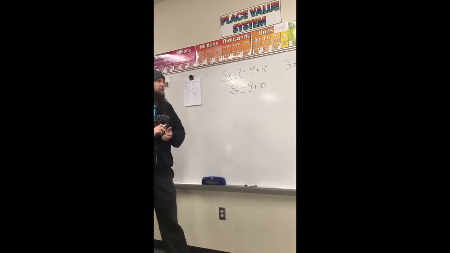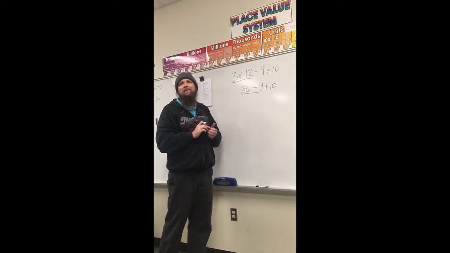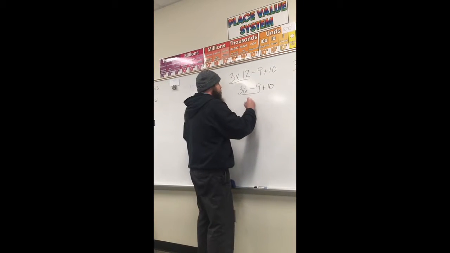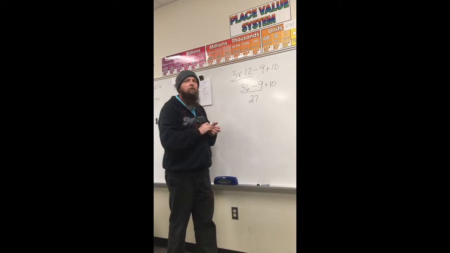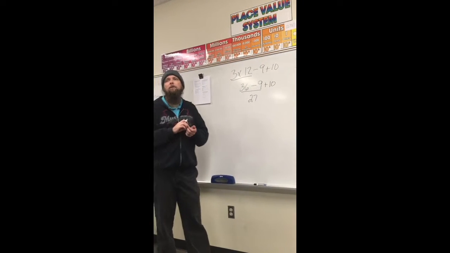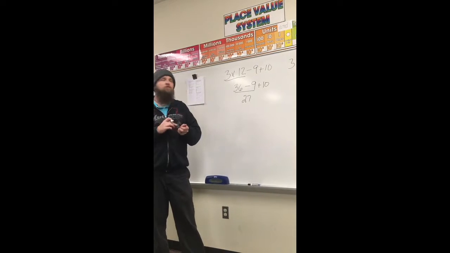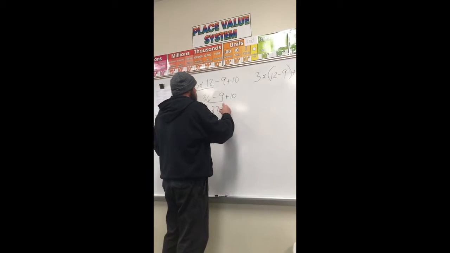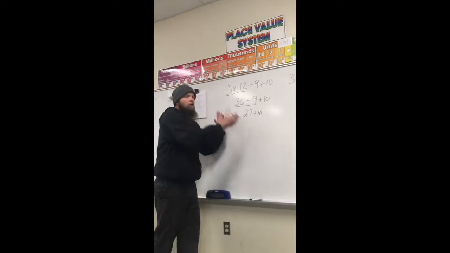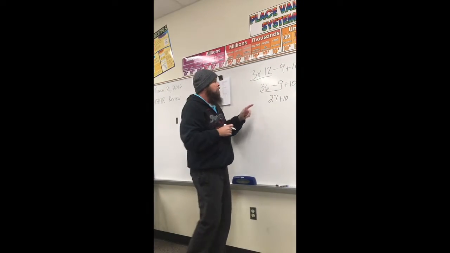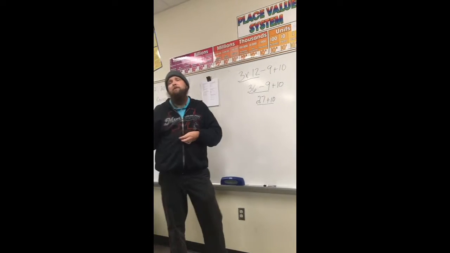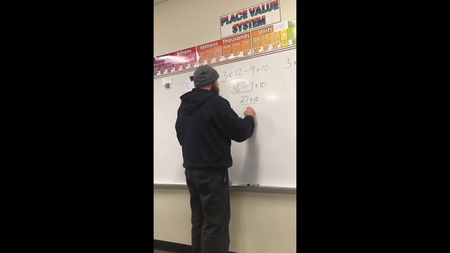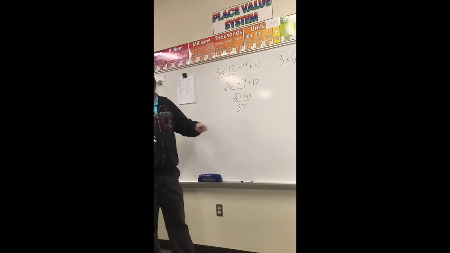And Malia, 36 subtract 9 is 27. We bring down everything we haven't used, making more of our tornado. We only have one operation here, Malia. 27 plus 10 is? 37. Is 37 our answer, Malia?